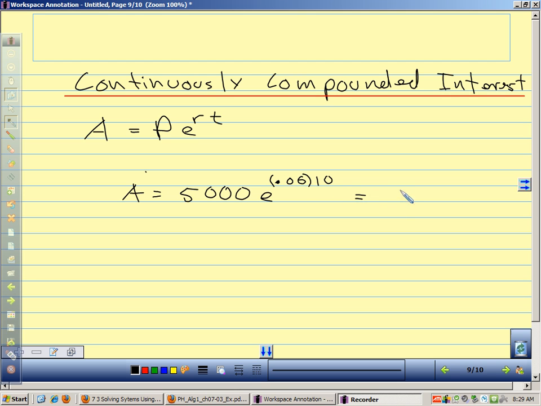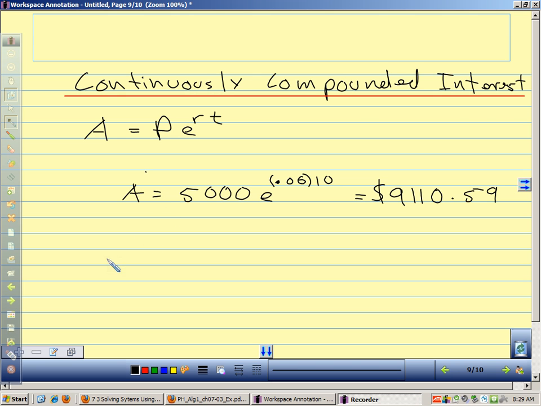We would get $9,110.59. And this is our interest compounded continuously. There's no pause in between our compounding periods. We get this exponential function.